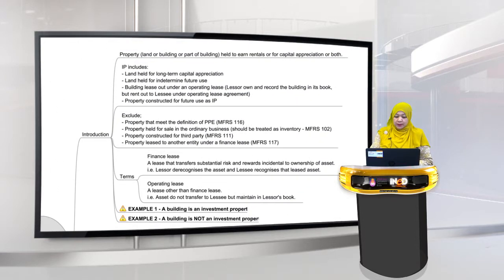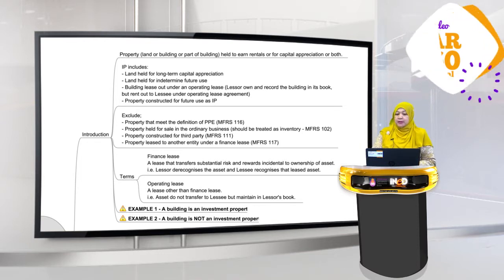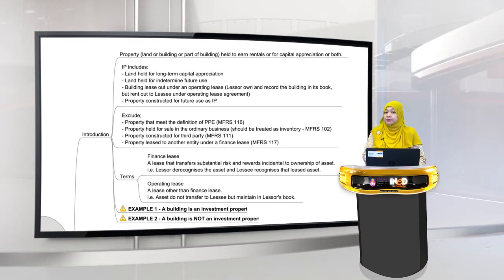Okay, so to begin with, we are going to go to the definition of MFRS 140. Investment property relates to property which includes land or building or part of building held to earn rentals or capital appreciation or both. So if a company owns a property and the intention is to be used in the business, then that property will likely fall under MFRS 116.